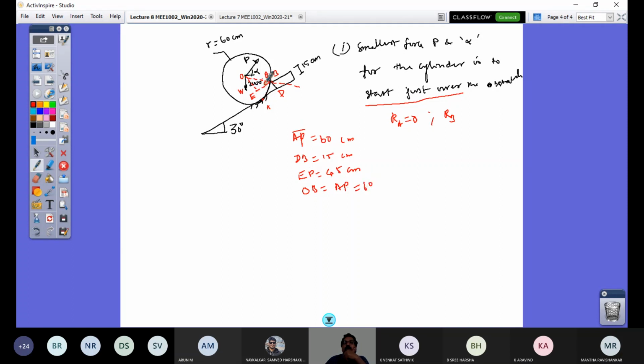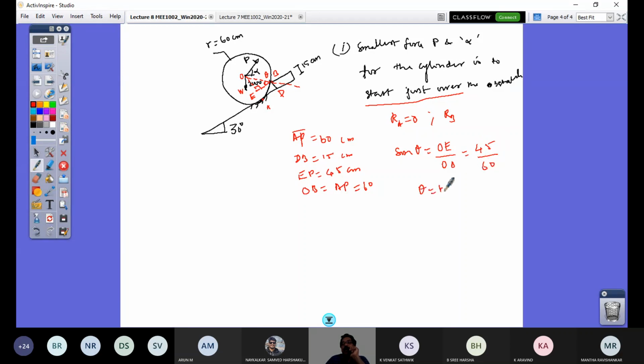So this angle theta can be found out, as this is 90 degrees. I need theta: the opposite side I know, the hypotenuse I know. So sine theta is equal to OE by OB, which is opposite side 45 by 60.